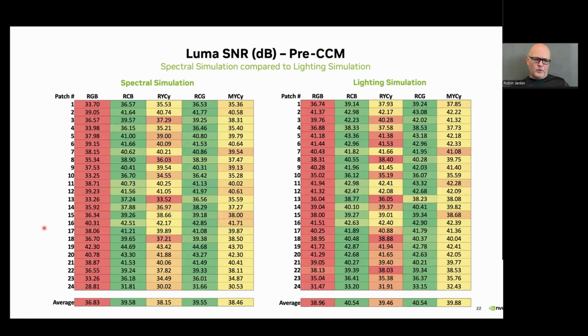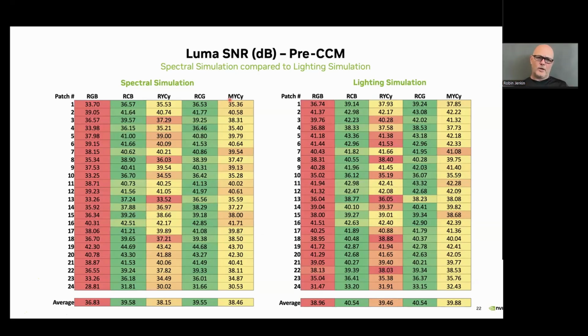One of the things that we want to look at straight away is whether our spectral simulation is matching our lighting simulation. What we're looking for in the simulation is not exact matches between the numbers, but are the trends the same?